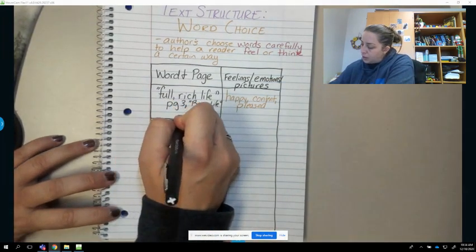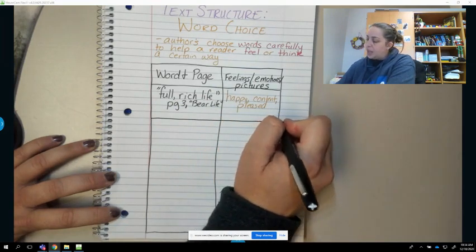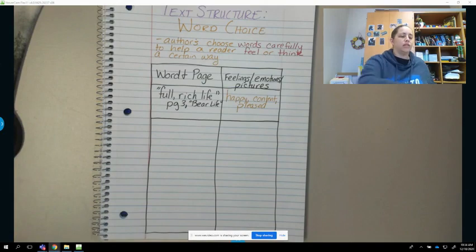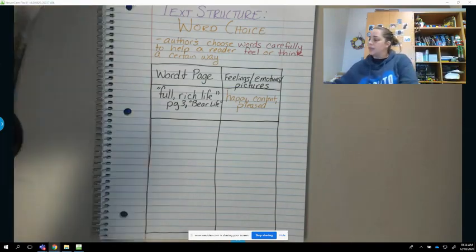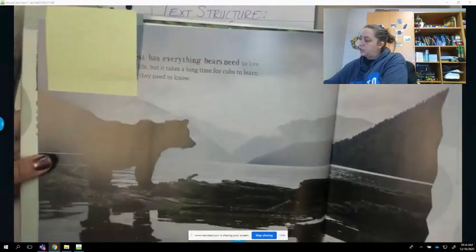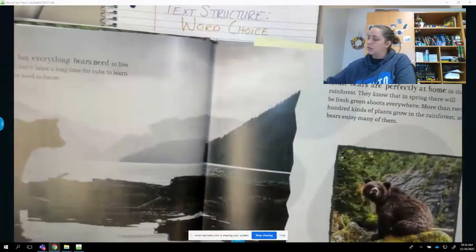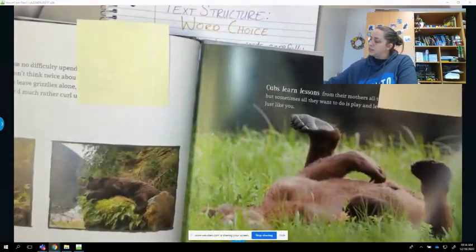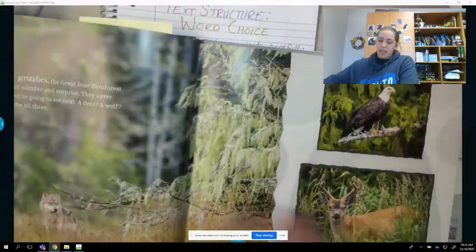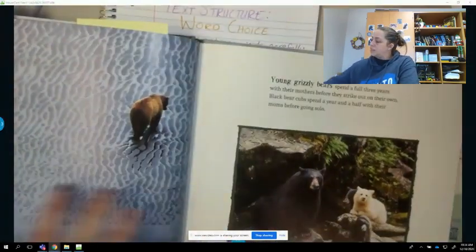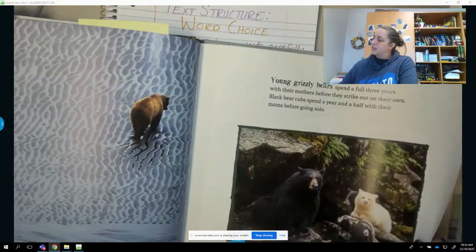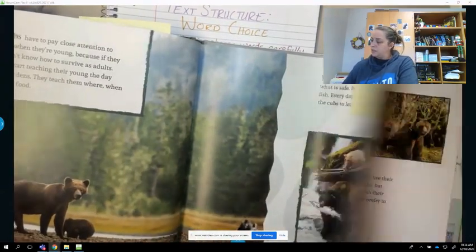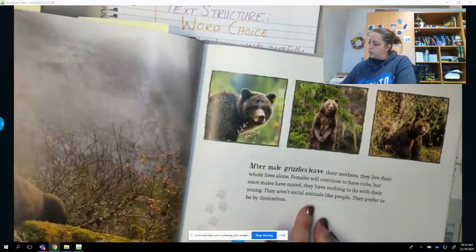All right, so I'm going to go ahead and put a line right here. And I'm going to go look for another example in A Bear's Life. And so we said this is page 3, 4, 5, 6, 7, 8, 9, 10, 11, 12, 13, 14.